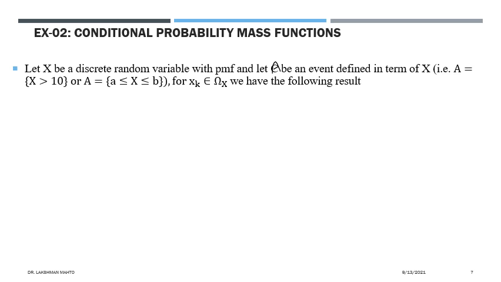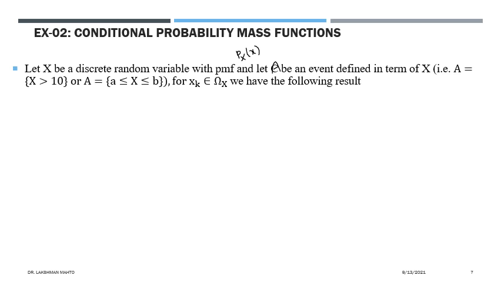So let x be a discrete random variable with probability mass function, definitely there would be a probability mass function given like this way, and A be an event defined in terms of it. It would be saying that x is taking value 10 onward, or greater than 10, or x is taking some discrete value. Definitely it would be discrete between any two integers.